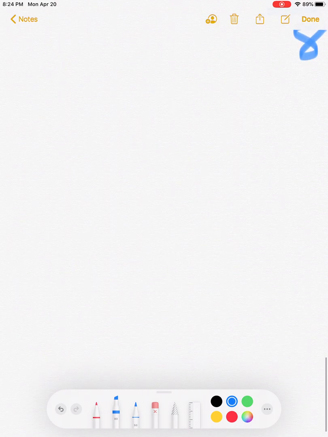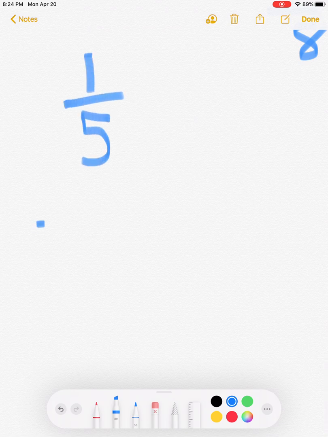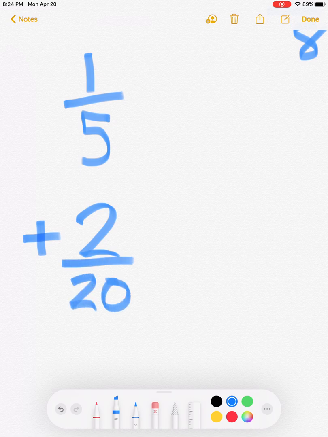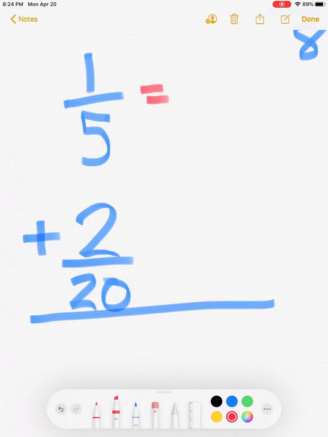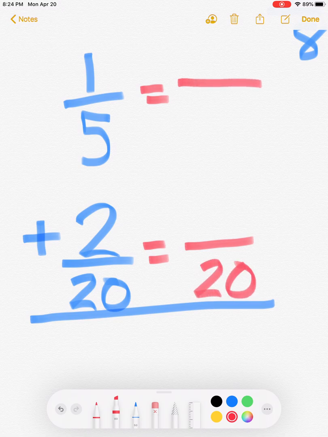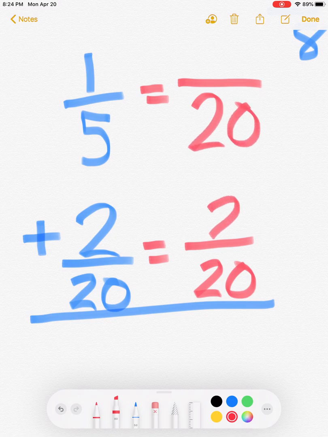Let's do one more like that. Let's add 1/5 plus 2/20. Okay, we're looking at that and we say, okay, what is the common denominator? Well, I'm going to go ahead and write the fraction. The common denominator is 20. So I'm going to put 20 on both fractions. I'm going to leave the 2/20.